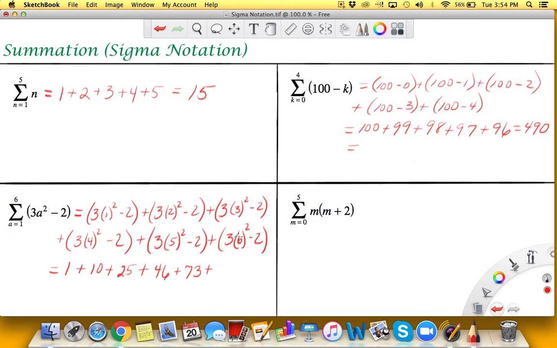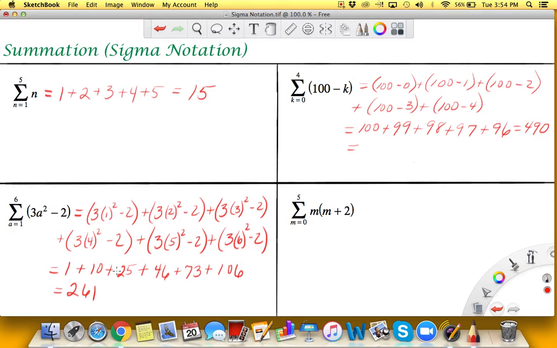And then we have 3 times 36, which is 108, minus 2, which is 106. So when I add all those up, I'm going to get a value of 261 in this case, 261.